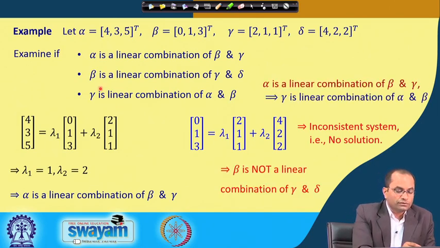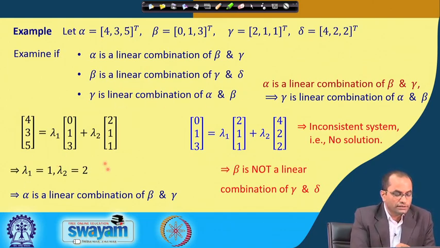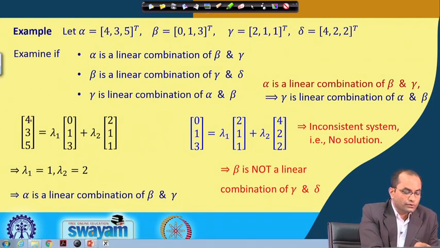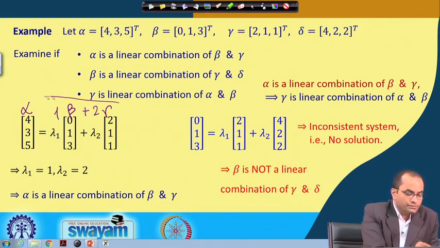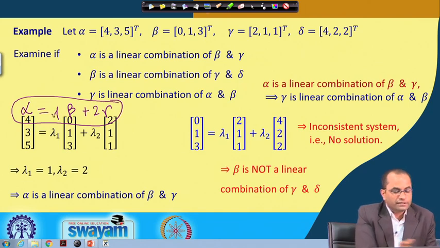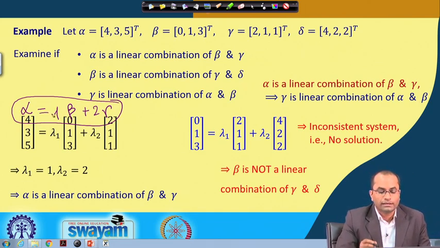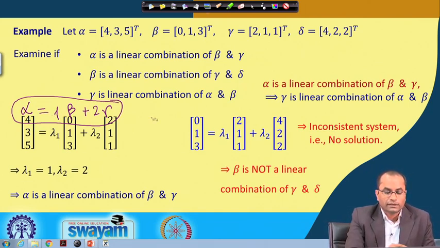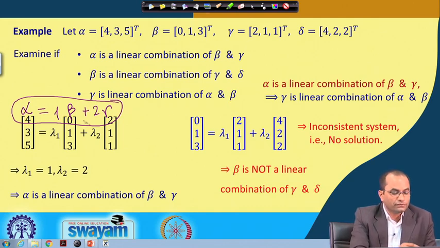Now, coming to the third one, is gamma a linear combination of alpha and beta? We have just seen in case 1 that alpha is a linear combination of beta and gamma, and this was the relation: alpha is equal to beta plus 2 gamma. And now, we are asking whether gamma is a linear combination of alpha and beta.